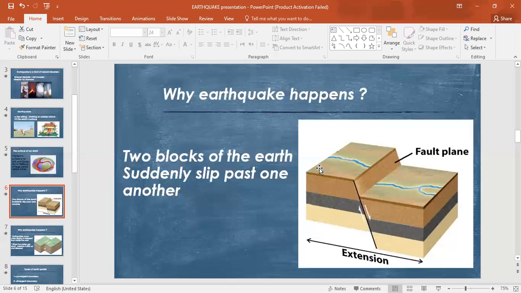Whenever these plates smash or slide past another plate, an earthquake happens. As we can see here in the photo, the surface where the plates slip is known as a fault. Here, this is a fault plane.